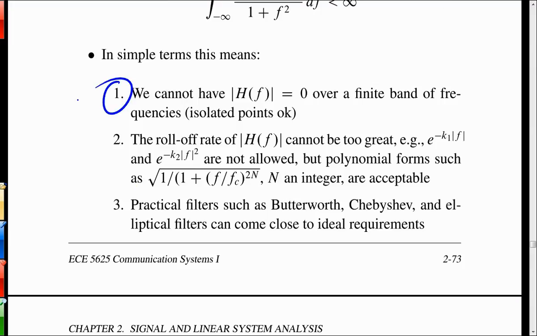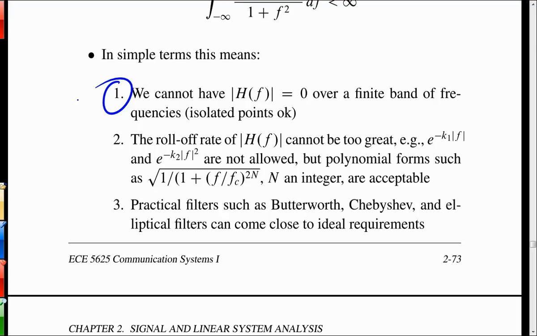The first one is that if you're trying to build a filter and make it causal, you cannot have a finite band of frequencies where the frequency response is zero. That's the ideal, right? You'd like to be able to pass a bunch of frequencies here and then take these frequencies out here and totally shunt them down to zero. But this theorem says that with a causal filter, you cannot do that.